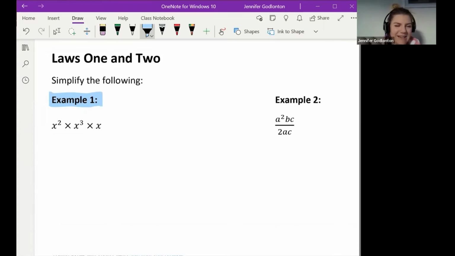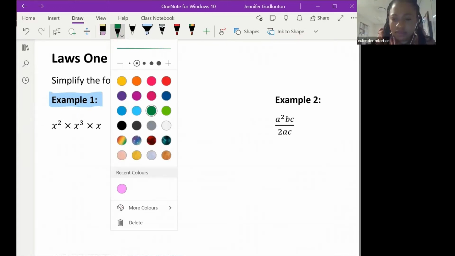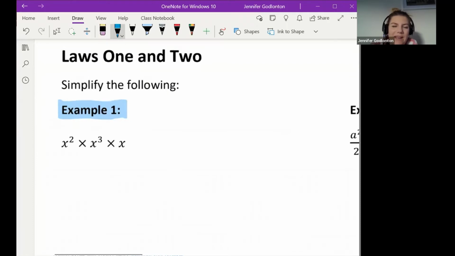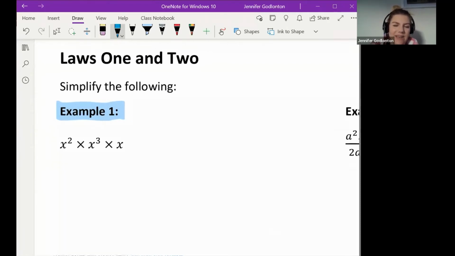Normally this one gets a couple of people because when they see that there's just an x over here, they forget that there's a power of 1. Remember, when we're multiplying and all of them have the same base, we're just adding these exponents. So we're saying 2 plus 3, which is 5, 5 plus 1, which is 6. So we would just have x to the power of 6.